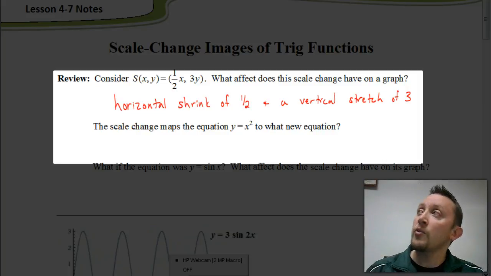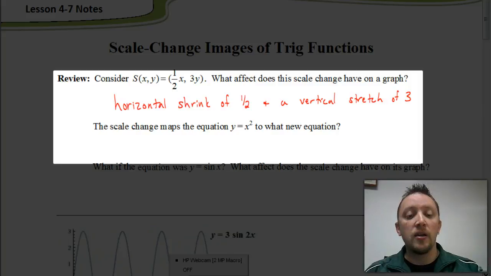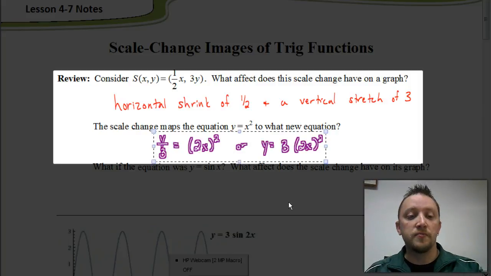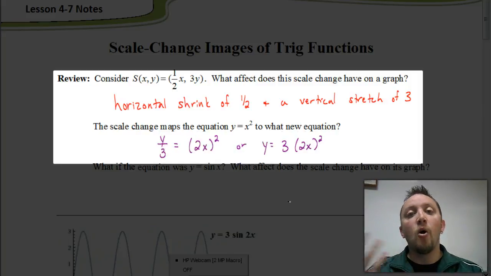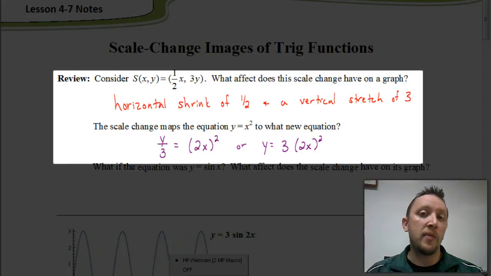So if I did that here with y equals x squared, here would be my result. Now I would have y divided by 3 equals (2x) squared. Or another way to look at that is, if I get the y by itself, it's the same as y equals 3 times the quantity (2x) squared.